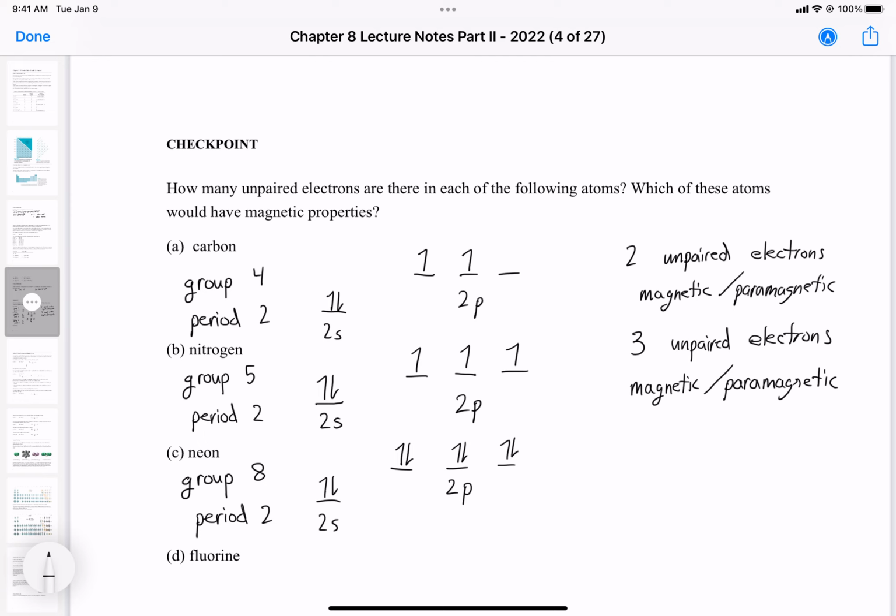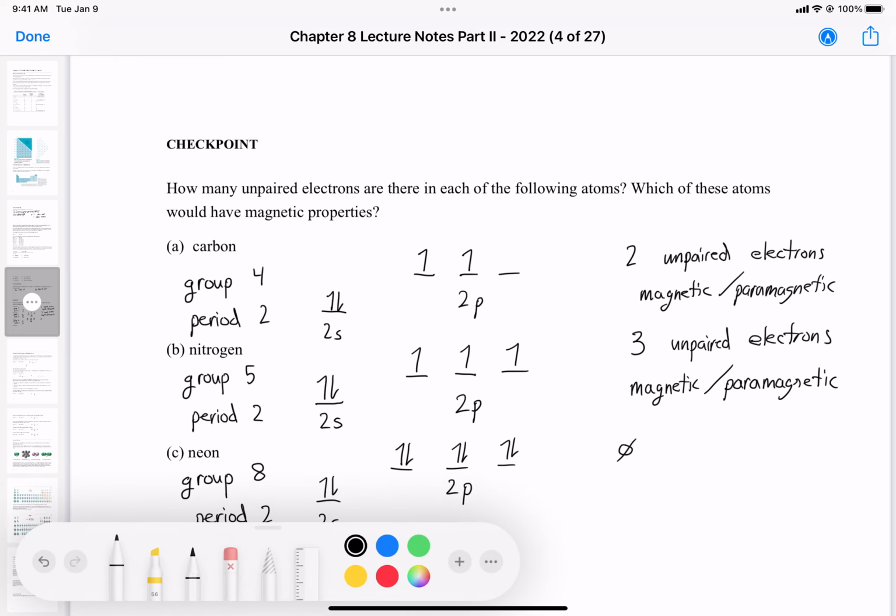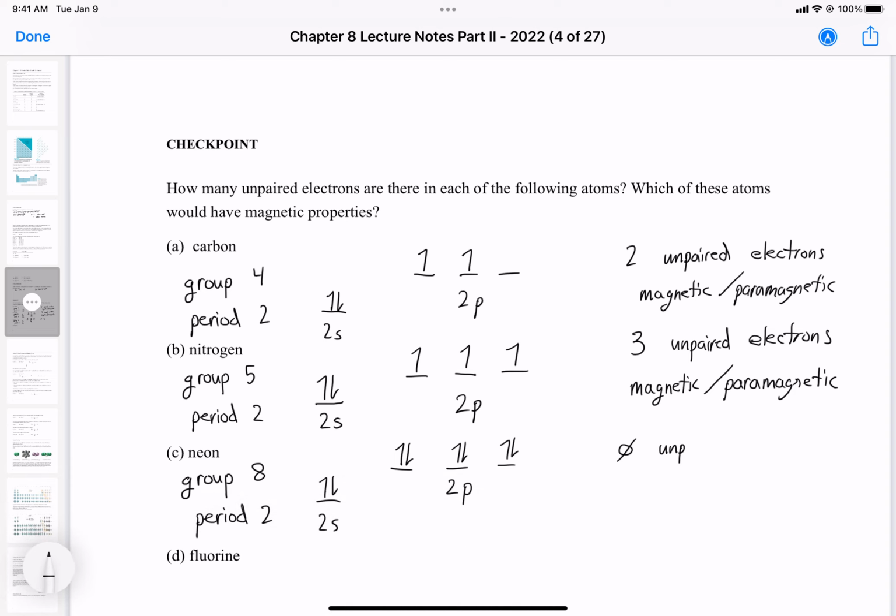So now all the electrons are paired. So 0 unpaired electrons. Okay. So in this case, this will be non-magnetic or diamagnetic.